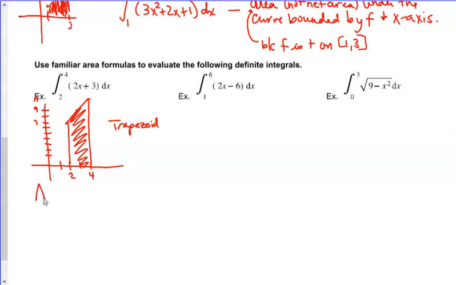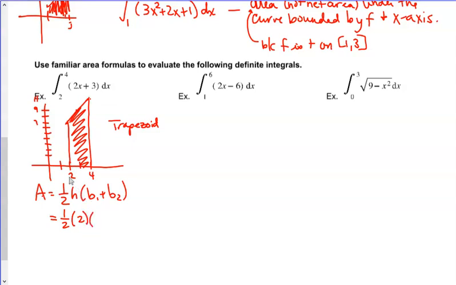So, what's the area of a trapezoid? Well, the area of a trapezoid, back in your days of geometry, you should remember that it is 1/2 of your height times the sum of the bases. And so, remember the bases are the parallel sides. The height is the distance between them. So for our problem, we want to do 1/2. The height, the distance from 2 to 4, is 2.